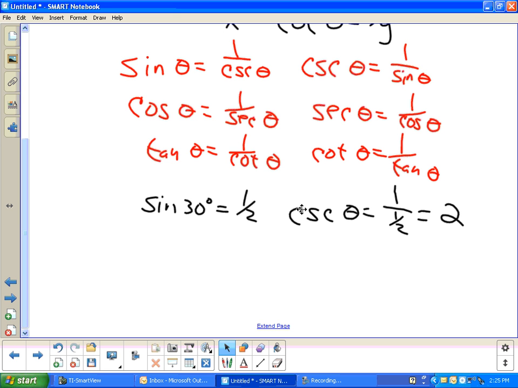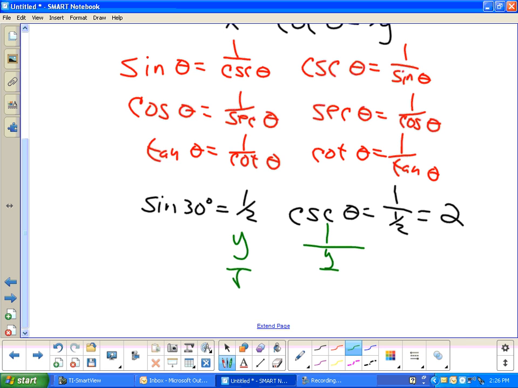Why is it 1 over? Like, why do you put 1 over? Okay. Let's just do the math on it. If you agree that sine is y over r, then what is 1 divided by y over r? How do we do fraction division?